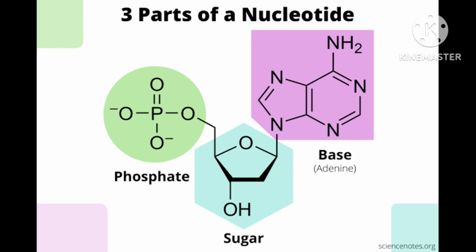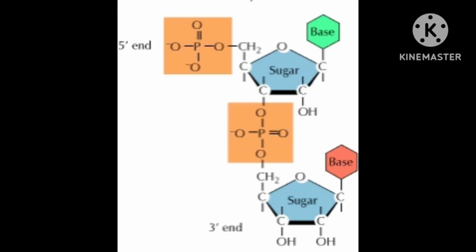And at the first end, the sugar is joined with the base and the base is joined with phosphate. Means the first unit has joined with the second unit through phosphate, because phosphate is making the link everywhere.